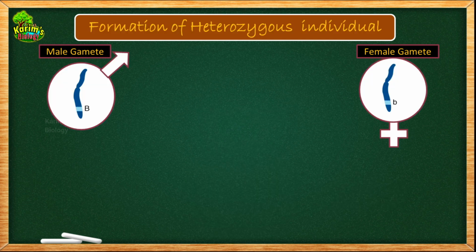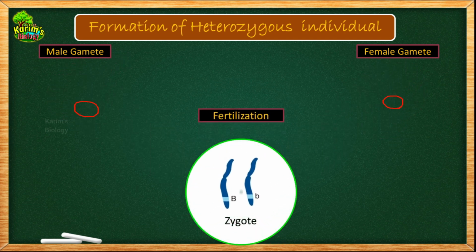So the next slide is about the formation of heterozygous condition. Like I said before, male gamete and female gamete, but did you notice the difference here? The male gamete here consists of a dominant version of the gene, whereas the female gamete consists of the recessive version of the same gene. So during fertilization, the zygote will be receiving 2 chromosomes.